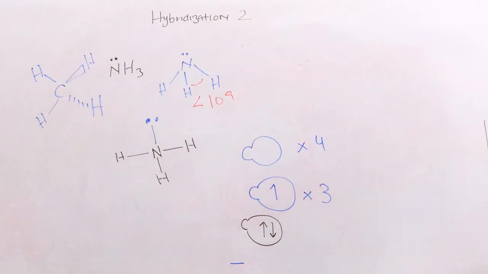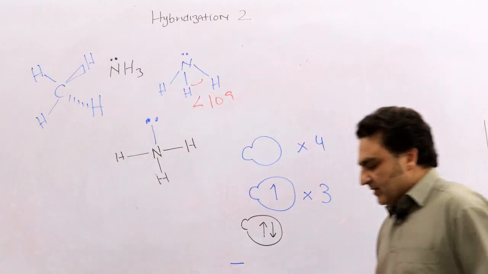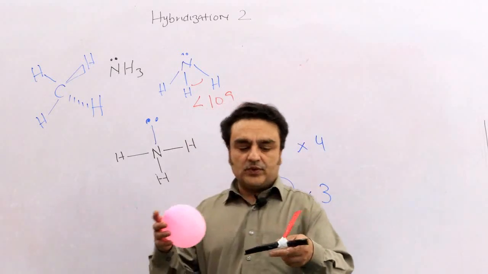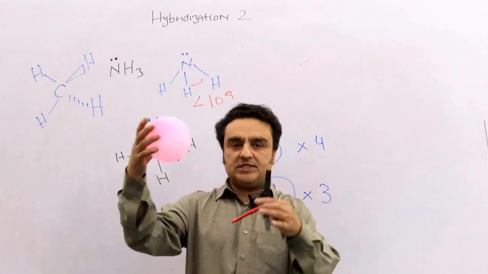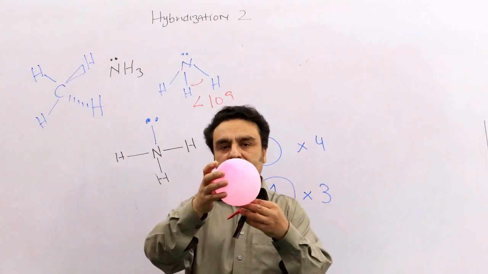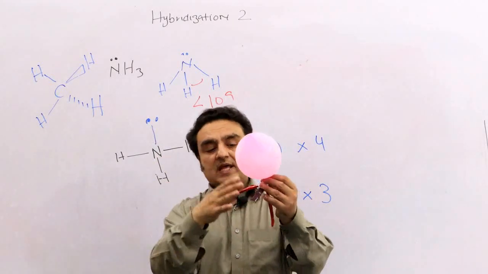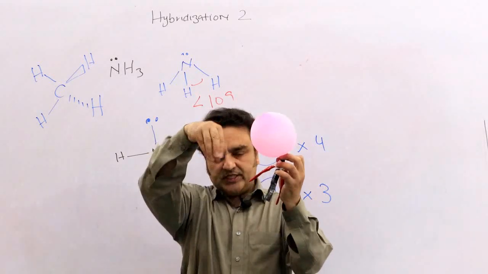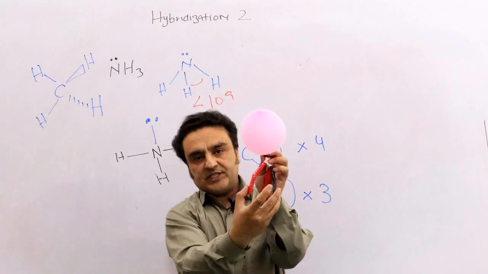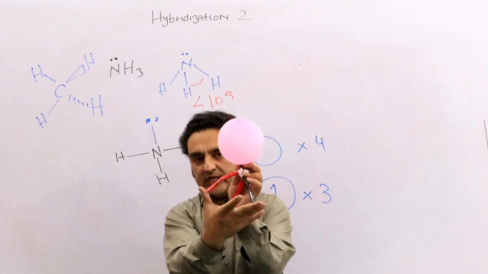So for example, suppose we replace this with a lone pair. Now what will happen? The other 3 will shrink because it is pushing them, so they come nearer to each other and the angle between them decreases.